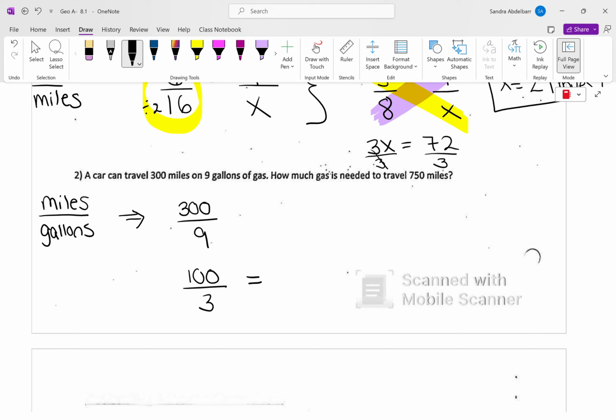How much gas is needed to travel 750 miles? Where should I put that 750? In the numerator or in the denominator? In the numerator. So this 750 goes in the numerator. And how much gas is needed? We're going to put x on the bottom.